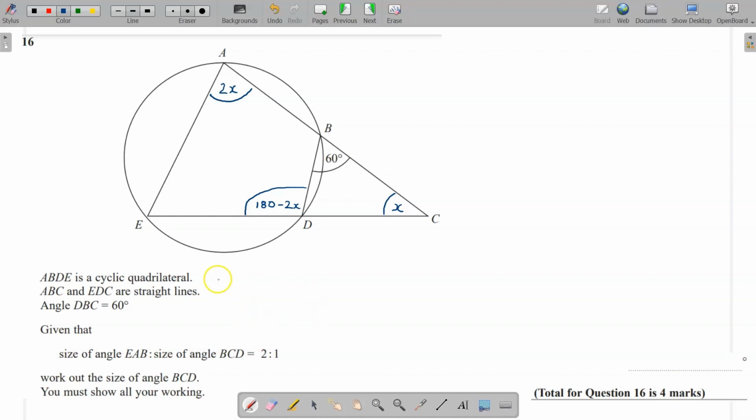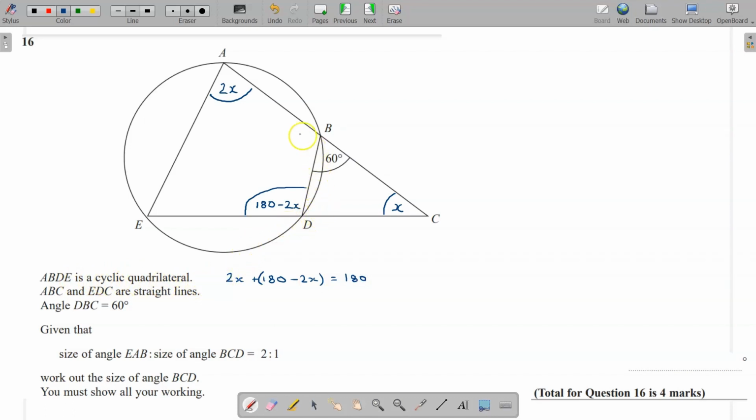I'm just going to say here that I've used this fact by saying that 2x plus 180 minus 2x, in other words, I've added those two angles together to show that they equal 180, and that's linked with that statement there, you see.